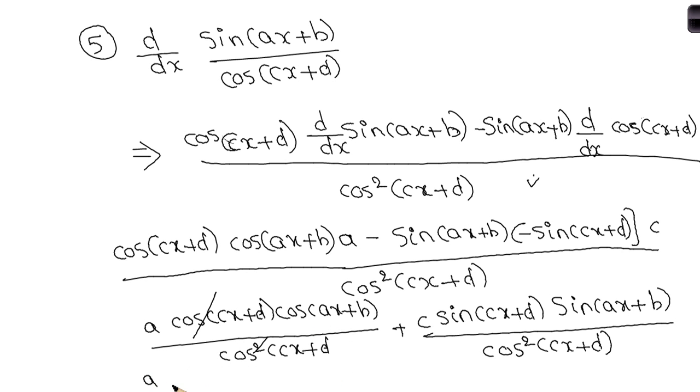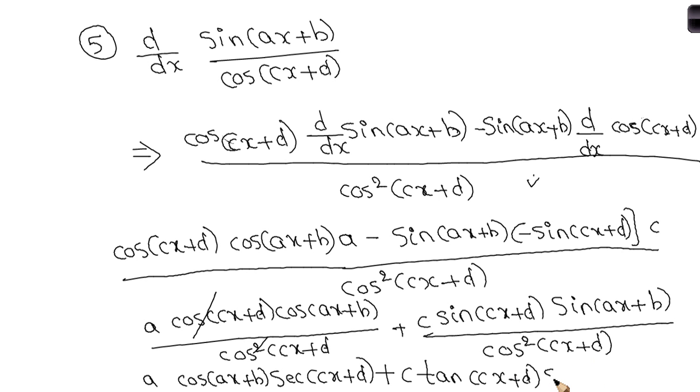The same thing can be written as a cos(ax+b), 1 by cos is secant (cx+d), plus sin(cx+d) by cos(cx+d) is tan(cx+d), 1 by cos is secant(cx+d) into sin of (ax+b) into sin of (ax+b). This would be the most simplified form.